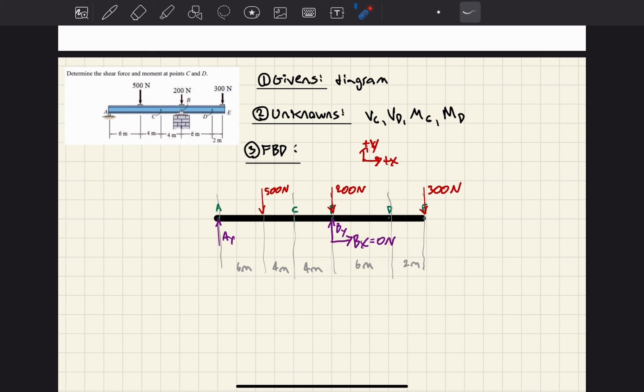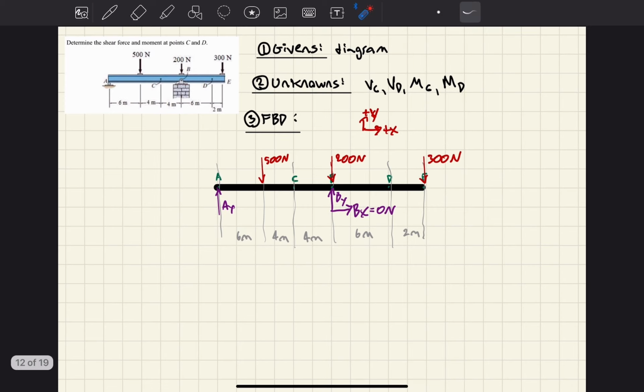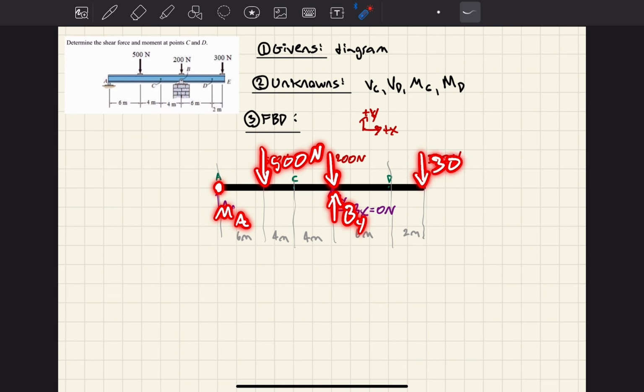But before we do that, I want to determine what BY and AY are, because I might need them in my calculations. I'm just going to tell you that if you take a moment about point A, what are you going to get? Well, you're going to have this force, 500 newtons. You're going to have this force that's going to cause a moment. You're going to have BY that's going to cause a moment. And you're going to have negative 300 or 300 newtons that's going to cause a moment, right?